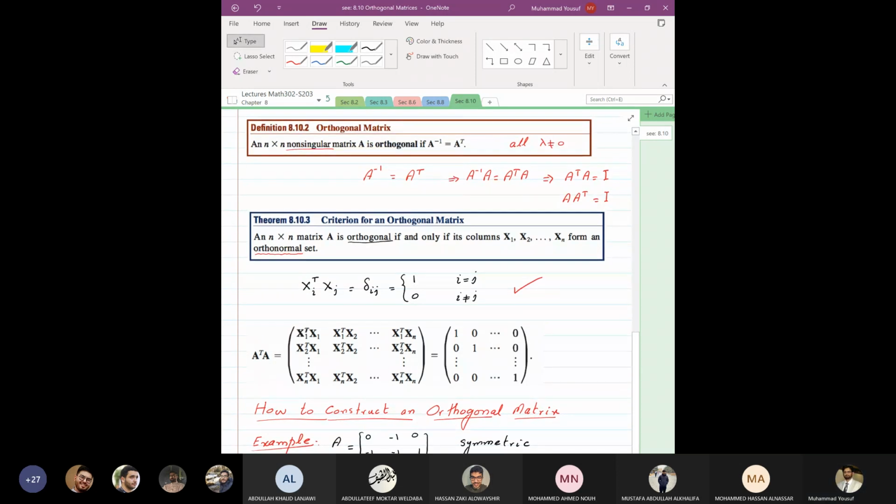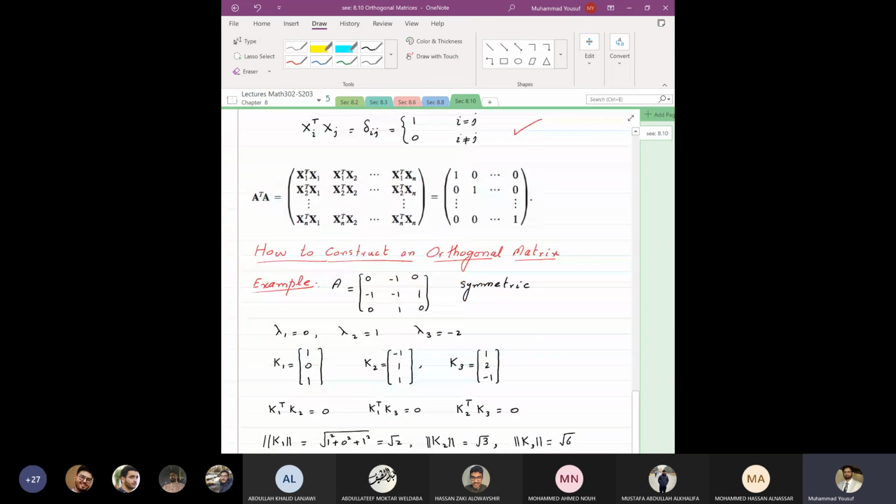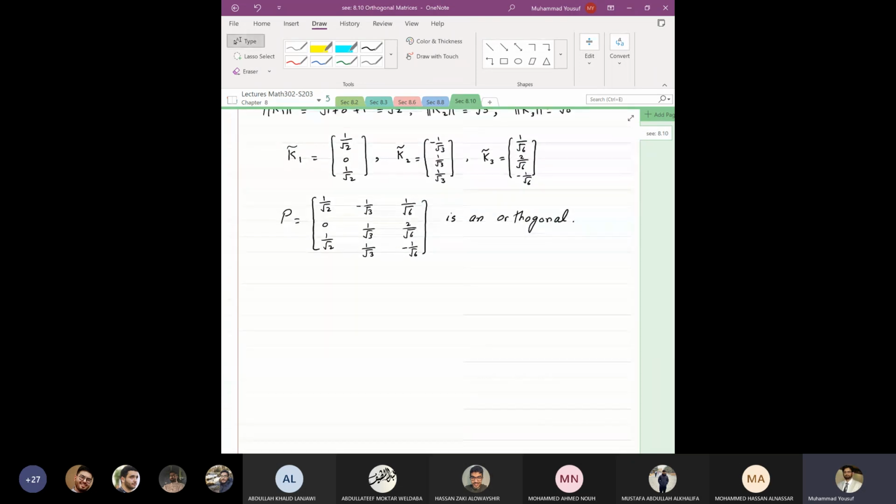We say the matrix is orthogonal when its column vectors are orthonormal. Orthonormal means in this matrix P, the dot product of these column vectors is 0, and the norm of each column vector is 1.